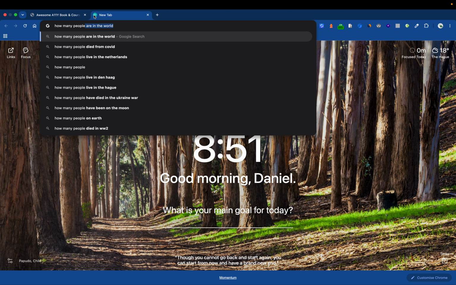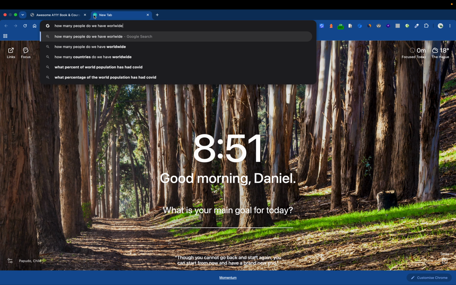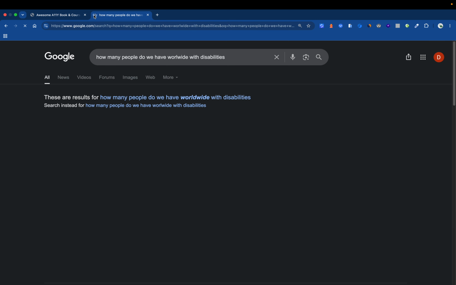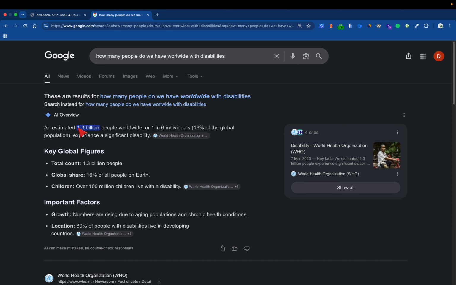How many people do we have worldwide with disabilities? I think you will be surprised, but it's around 1/6 of the population.